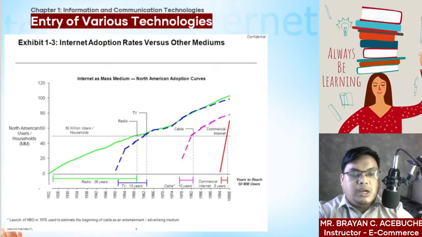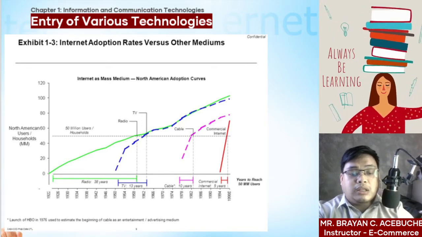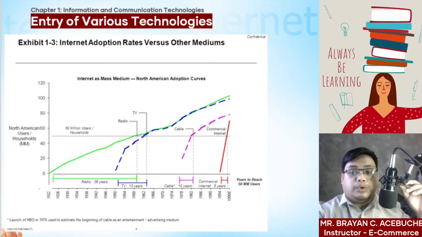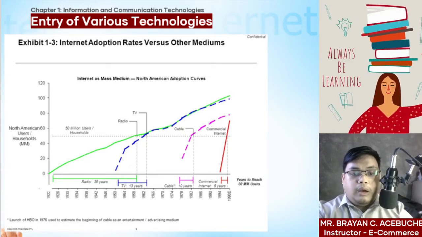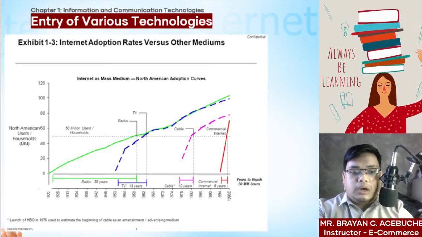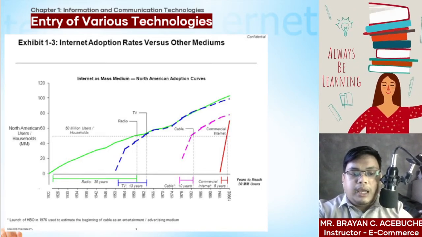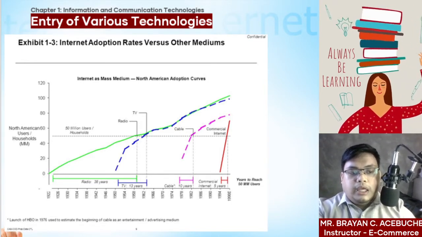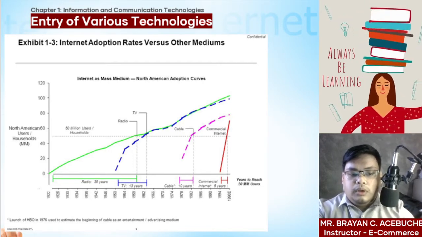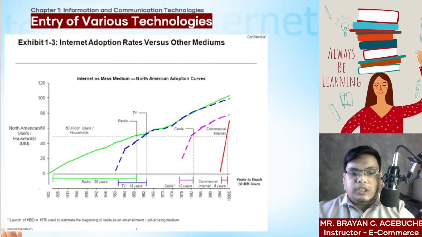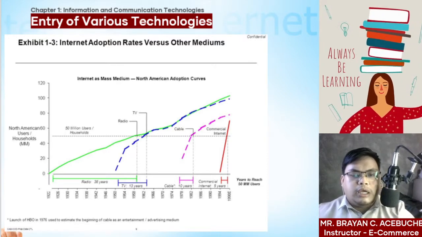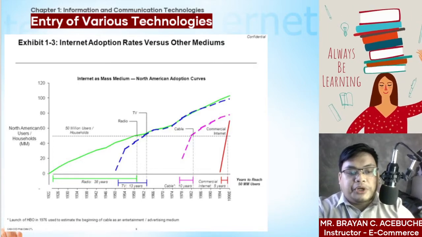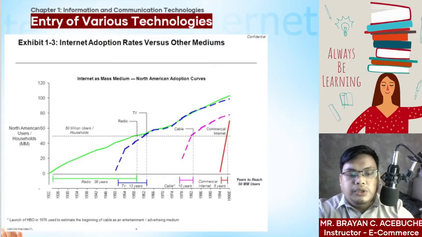This figure and the next figure, which is a table of the elapsed time for some well-known mass communication technologies to reach 50 million users, however, revealed astonishing figures on the growth and level of adoption of cable and internet technology and television system. In the case of television system, which was introduced sometime in the 1950s, it took a lapse of about 13 years to reach a level of 50 million users.